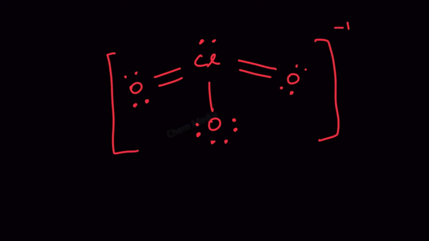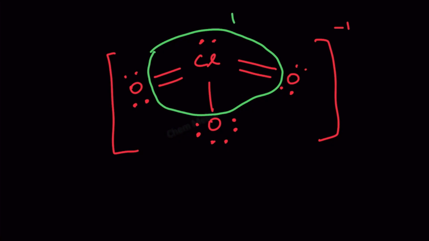Now if we calculate the formal charge of chlorine here, we would get 0. But before calculating the formal charge, for this structure, you might be wondering how come we are having 12 electrons around chlorine, because 5 bond pairs plus 1 lone pair, so we are having 12 electrons around chlorine. Keep it in mind that chlorine belongs to period 3.